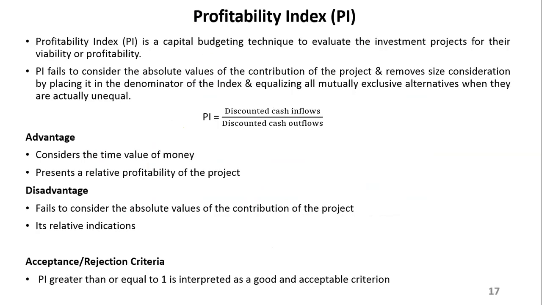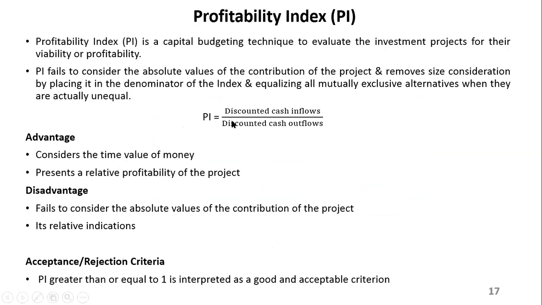All right. Okay, the other one is profitability index. This is basically just a ratio of discounted cash inflows divided by cash outflows. It's as simple as that. Inflows divided by outflows. So the advantage is that it considers the time value of money.